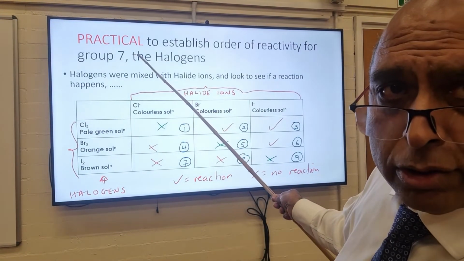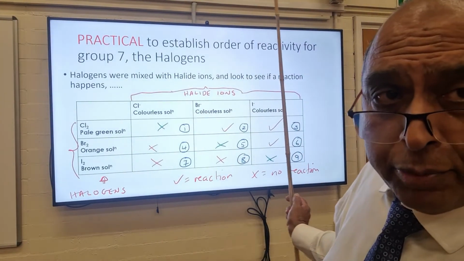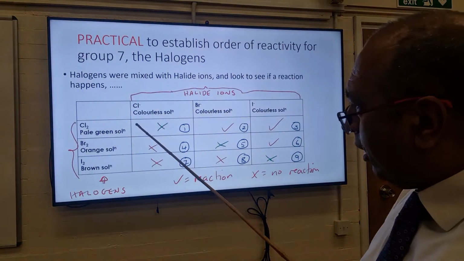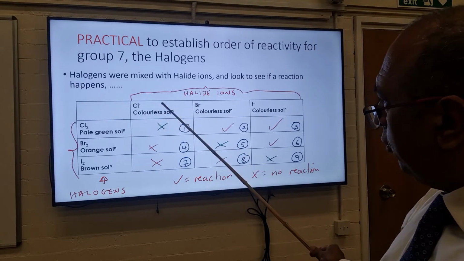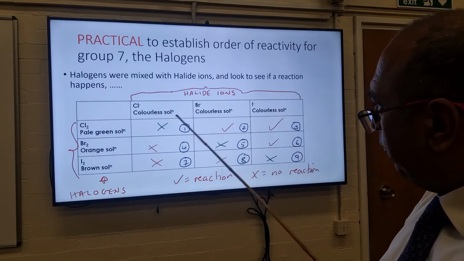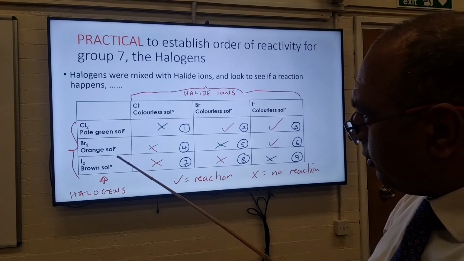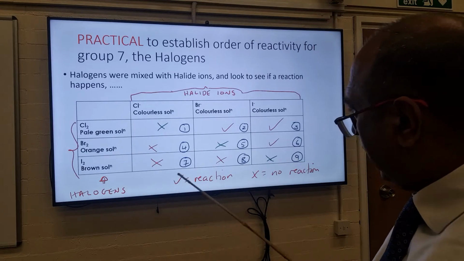And these results allow us to work out the order of reactivity, which you should be able to predict anyway. But the order of reactivity is found by mixing together the ions, the colourless solutions of chloride, bromide, iodide, with pale green, pale orange, brown solutions, and seeing where we get a reaction and where we don't.